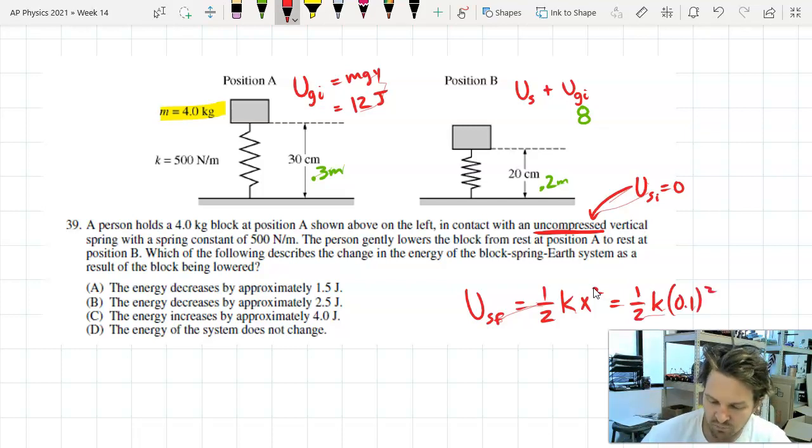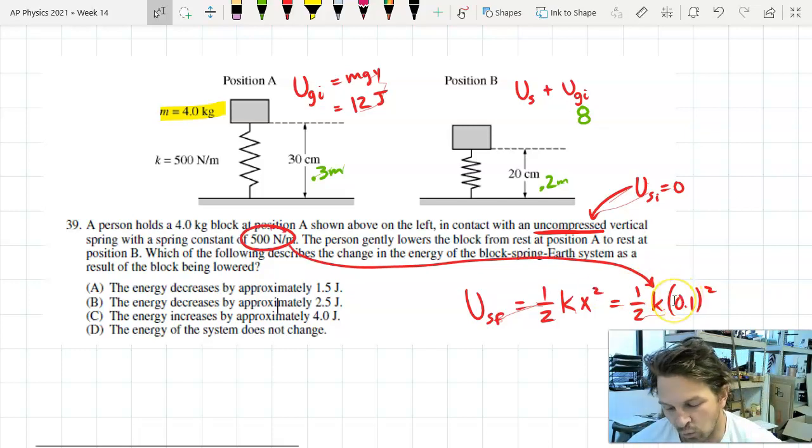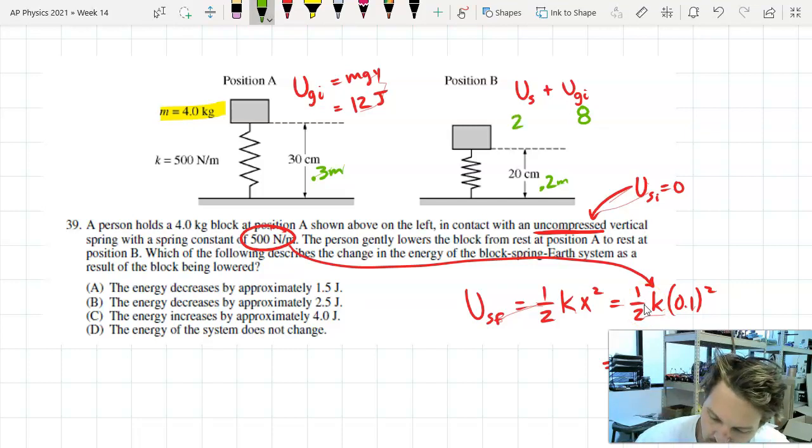Right? So when we plug in k right there, and then you plug in 0.1 squared, and you chug that into the calculator, we get that there's a 2.5 joule spring energy. Okay? But here's the deal.